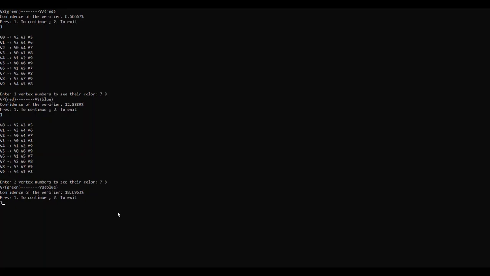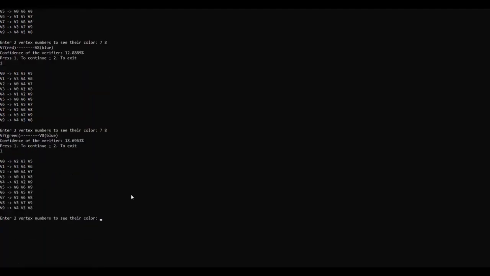Another thing to note is that if the verifier keeps on choosing adjacent vertices, his confidence keeps on increasing, but it never reaches 100%. This means that the verifier is never 100% sure that the prover has actually given the correct proof.